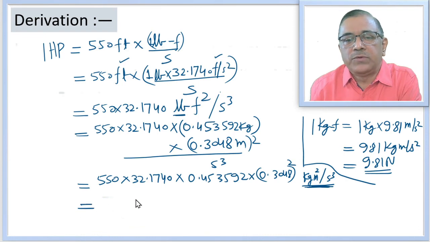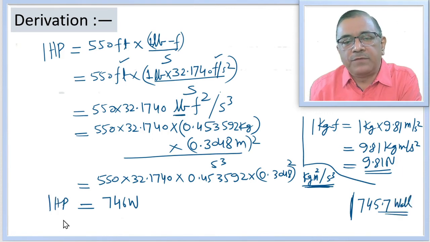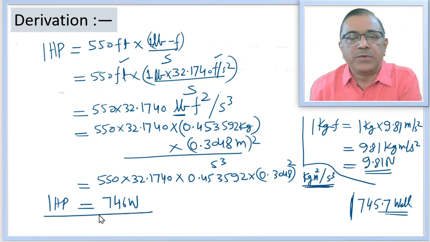Multiply these using a calculator, and this value turns out to be very close to 746 watt. To be exact, if I remember, it is 745.7 watts. This is the conversion of 1 horsepower into the SI unit system.